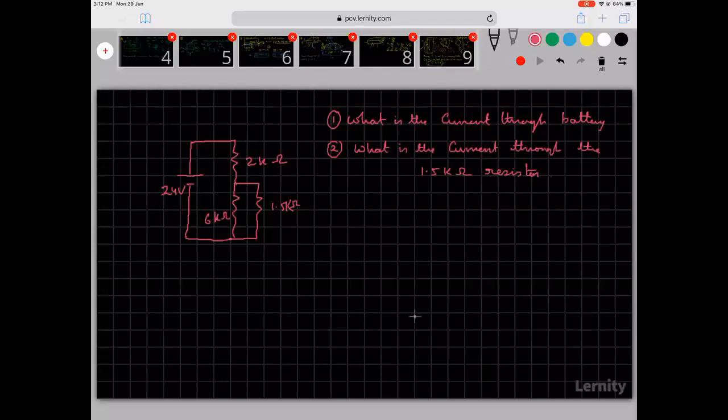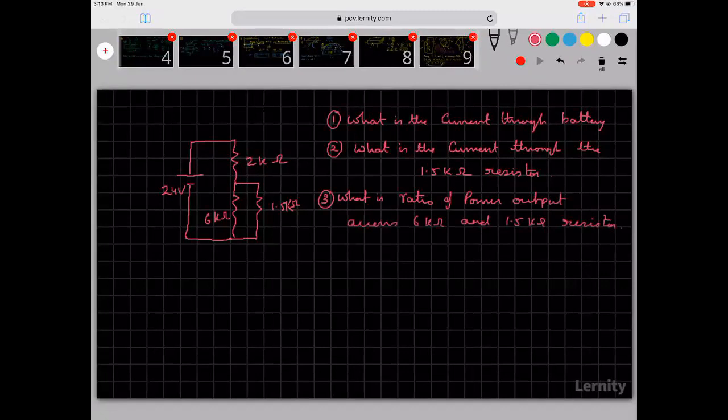What is the ratio of power output across the 6 kilo ohm and 1.5 kilo ohm resistor?